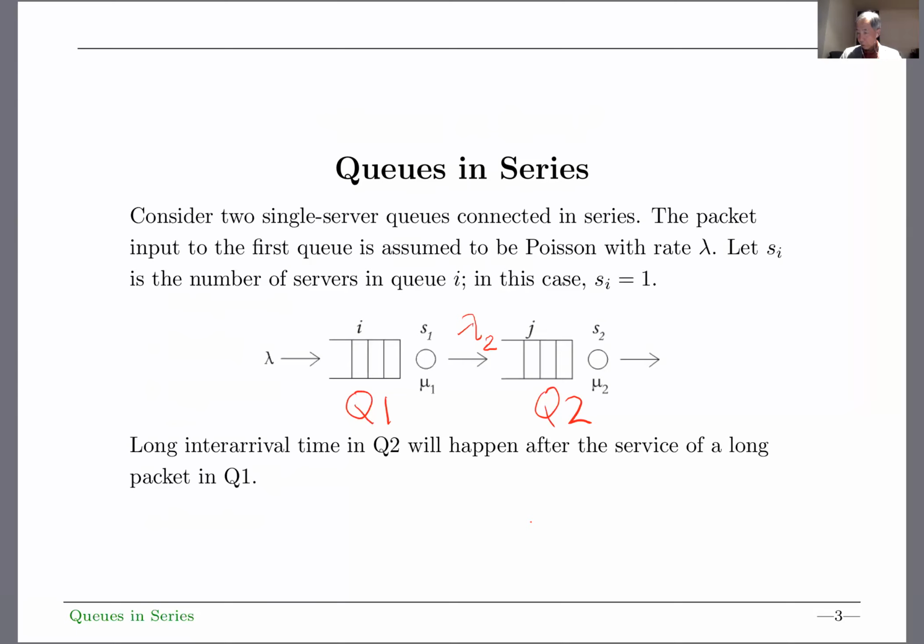Lambda 2 is in fact a function of lambda and also the job length. There are two single server queues in series. The packet input to the first queue is assumed to be Poisson arrival, so that is an M, with rate lambda, and that is a single server queue. So S1 and S2 are equal to 1.